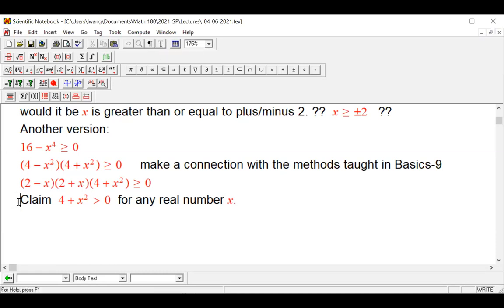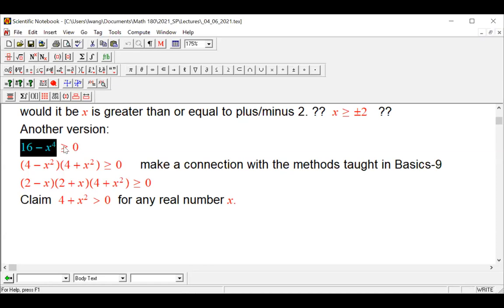Why do I want that claim? Because I want to get rid of it. If this is always positive times any two numbers that may be positive or negative, this is useless. Yeah?